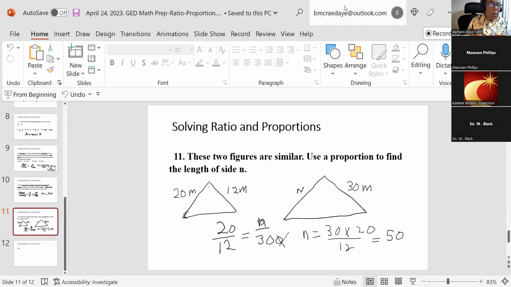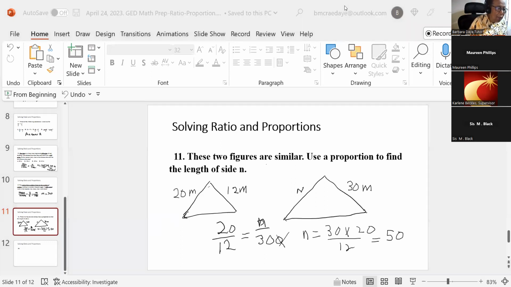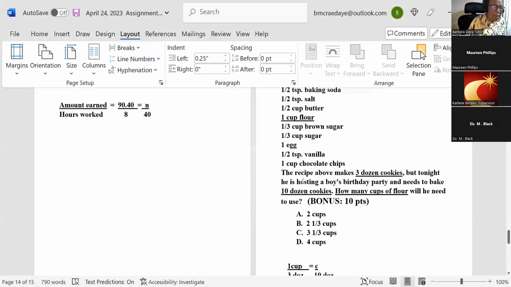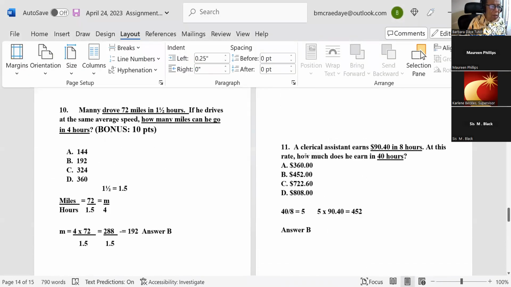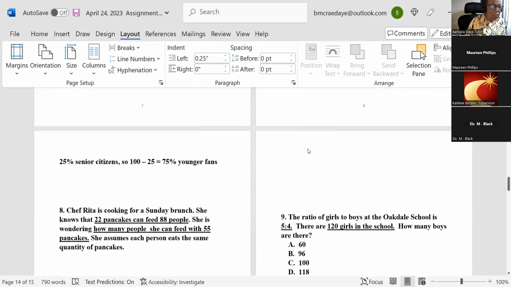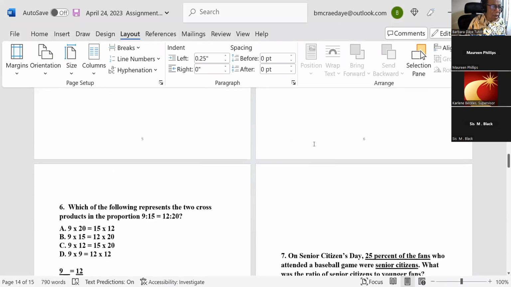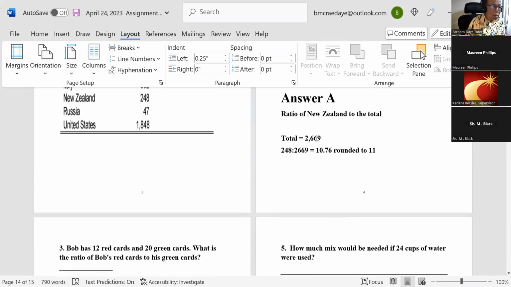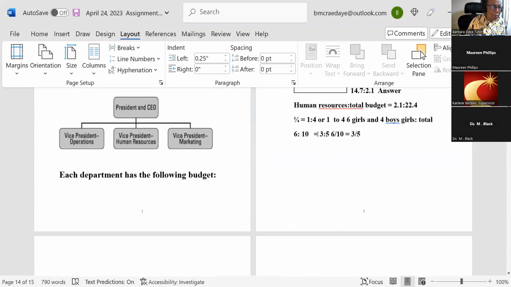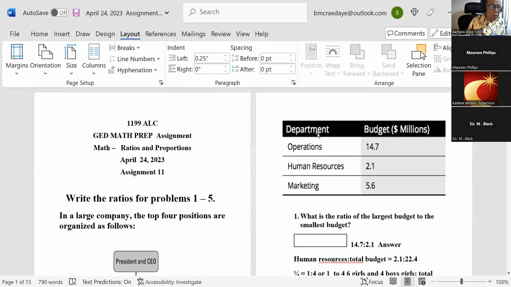Let me just go back and share. I mixed up my answers, Miss. On the first one, the question was: what is the ratio of the largest budget to the smallest?